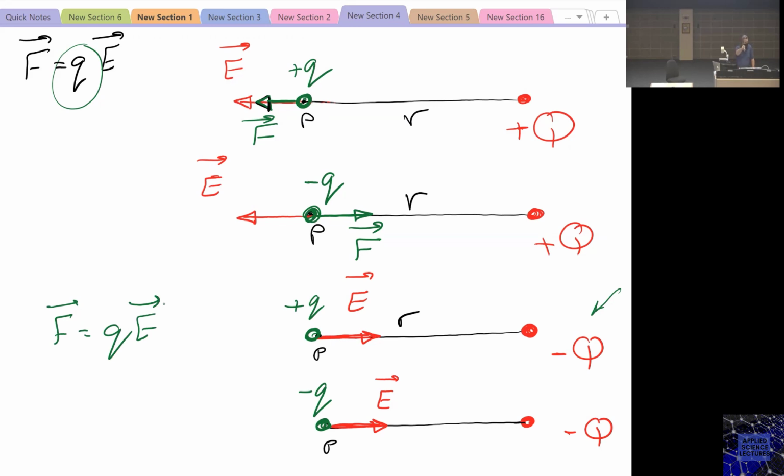It will be in the same direction of E. So F is going to be like this. What about the last one? Against. Right? So those are the 4 cases.